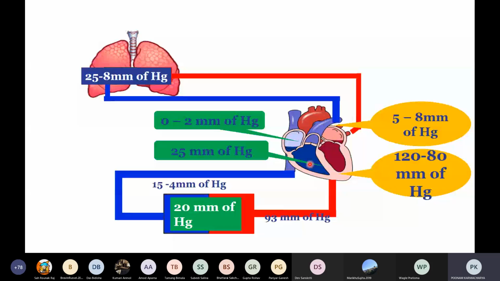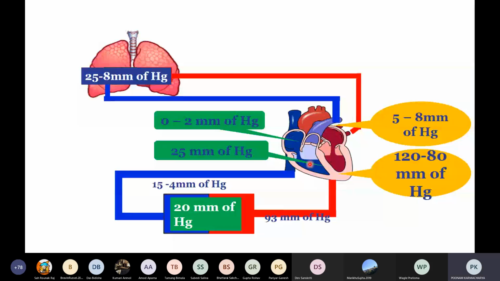Well, it is because the left ventricle has a wall which is very thick compared to the right ventricle, right? And left ventricle pressure has to rise from 0 to 120 millimeter of mercury because we need a very high pressure because systemic circulation is very large, right?